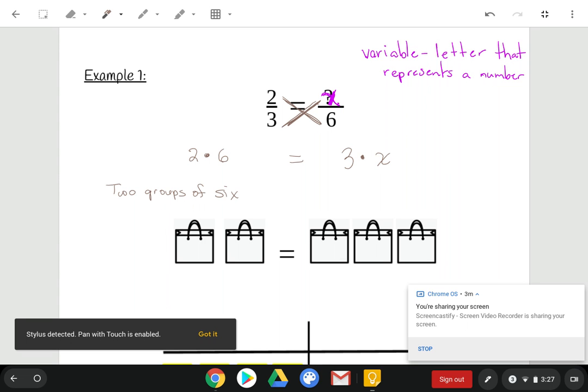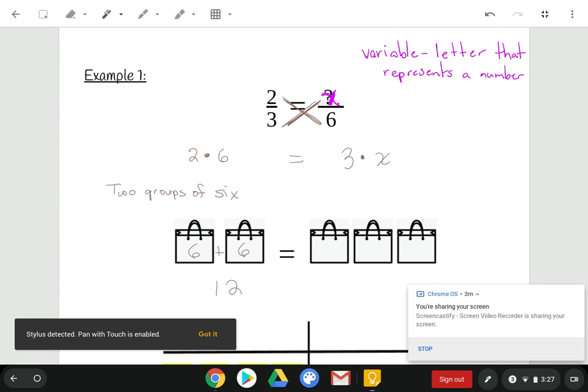And the first shopping bag is 6 of something. And then the next shopping bag is 6 of something. Okay? The reason why I need you to know that is because when we add those together, we get 12. Therefore, 2 times 6 is equal to 12. I know you know that.